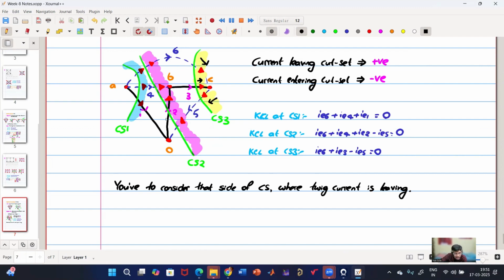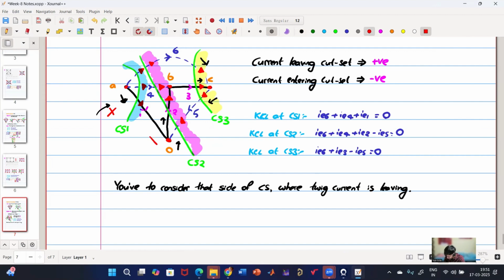Yes. So if you see cut set 1, sir, we got confusion because which area we have to choose. In node C you have considered the right side area. For node A you have considered the cut set after the area. Yes. So I have told you, you have to consider that side of the cut set where the twig current is leaving. If you consider this region, that twig current is entering the cut set, right? So this region will not be considered. Similarly, if you consider this region of our cut set 2, the twig current is entering the cut set.